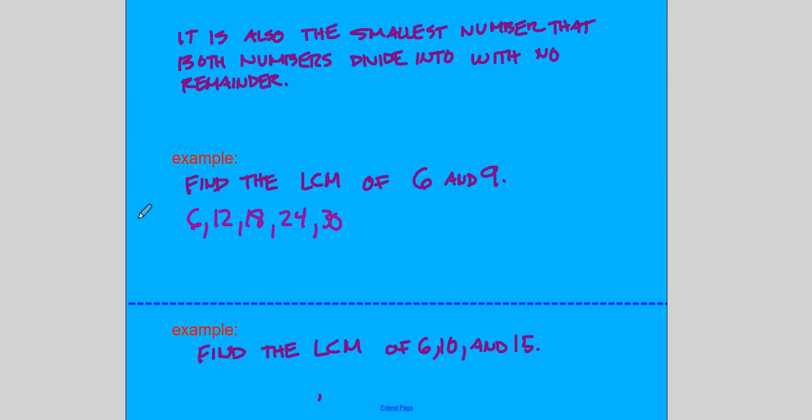Then multiples of 9 are 9, 18, 9 times 3 is 27, 9 times 4 is 36. So what we're looking for is the smallest number both numbers divide into with no remainder, and that would be 18. So that is the least common multiple of 6 and 9.